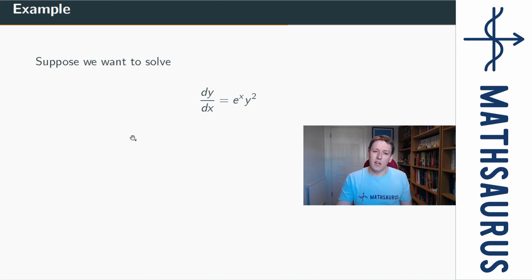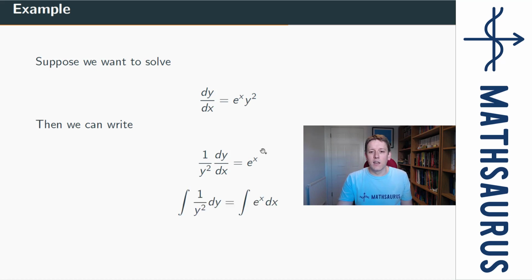So here's an example. Suppose we want to solve dy by dx is equal to e to the x times y squared. Well, we do exactly what we've just laid out in our plan, and we divide by y squared, and then we integrate both sides. And so we get the integral of 1 over y squared dy is equal to the integral of e to the x dx.